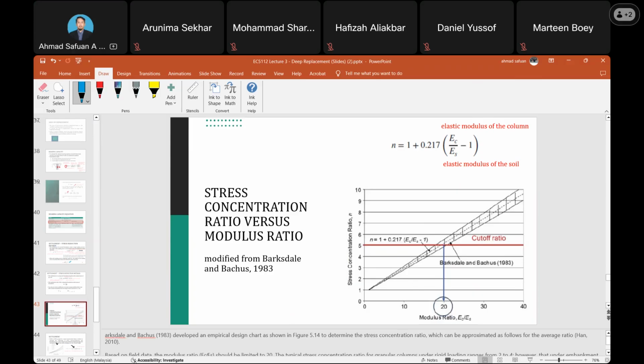EC is the modulus of the column. ES is the modulus of the soil, minus 1.